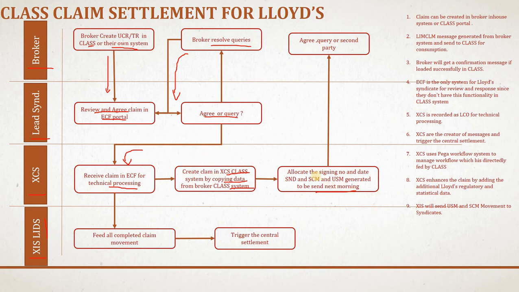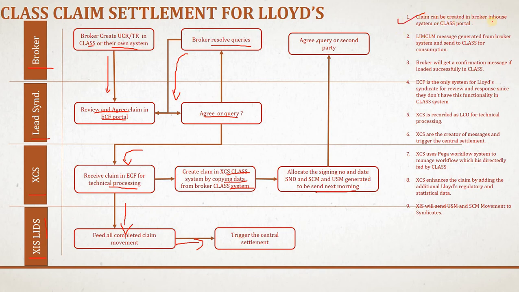Next, after the SND is allocated, an SCM and USM message will be generated the next morning after the data is fed into the XIS lead system, and it will trigger the central settlement processes.